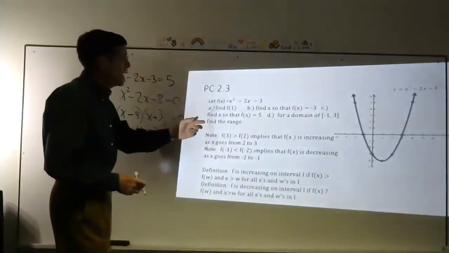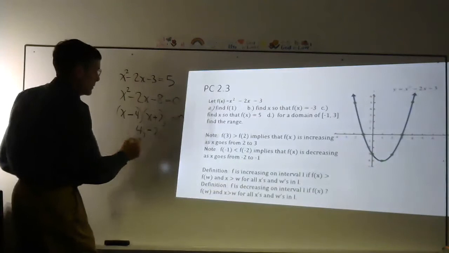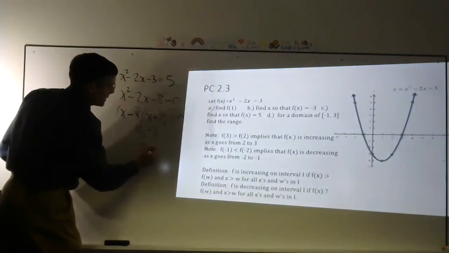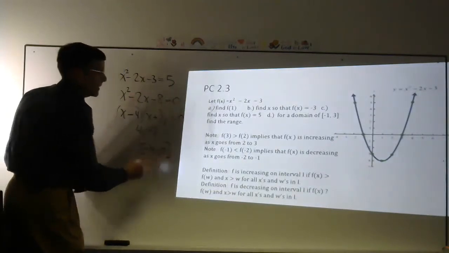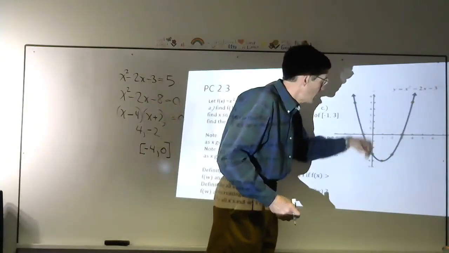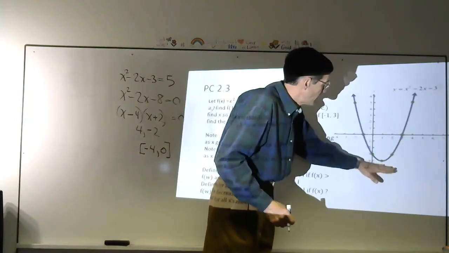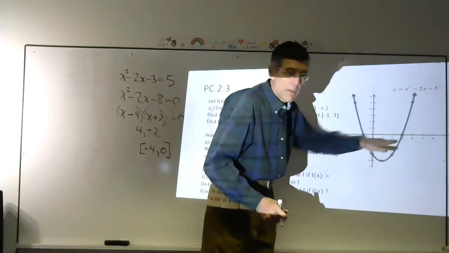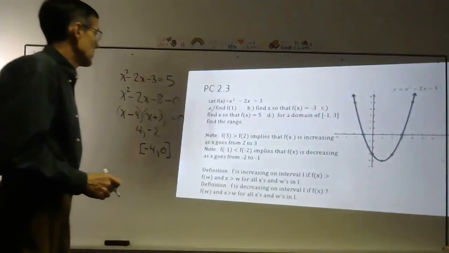So if the domain is -1 to 3, the range would be -4 to 0. Because the x values here from -1 to 3 go down to these y values, which are -4 to 0. Remember, you look sideways. Okay?